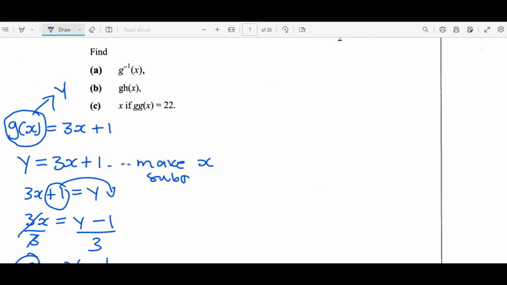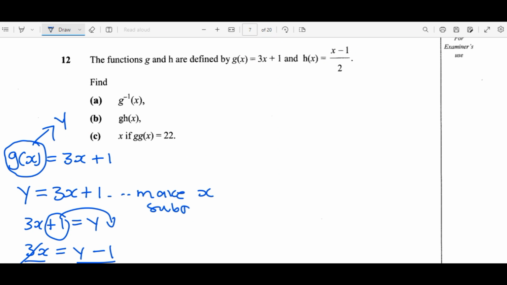Right, so we move on to question B. Here we just want to find the composite. We are trying to combine the two functions to make one function. So the first function is g, then h of x. This formula simply means that the function h will be composed into the function g.